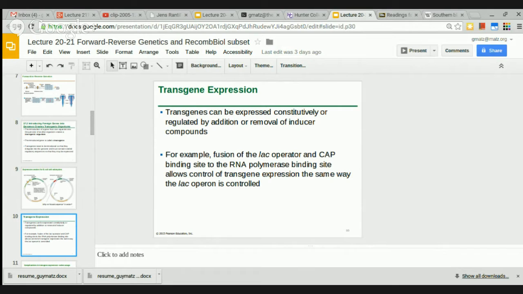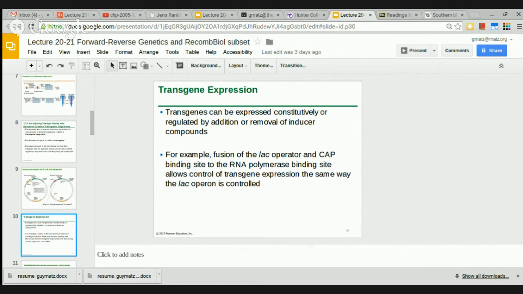We can set it up so that we get inducible expression, where it's not on most of the time, but we can add something and turn it on, or we can have it on and add something and turn it off. So all of these things we've been learning about promoters and enhancers, we take advantage of that information to help us create the kind of transgene we need in order to ask the question we want to ask.